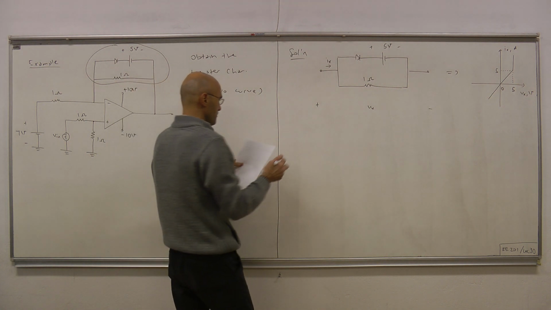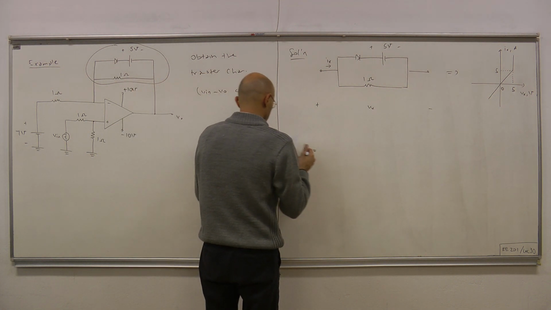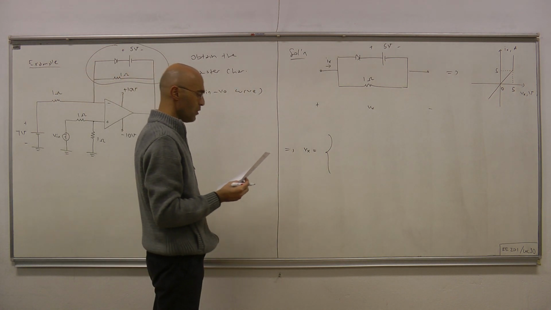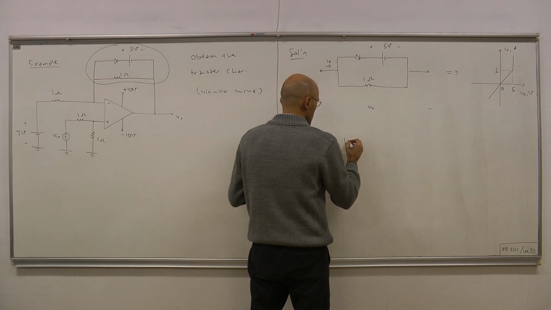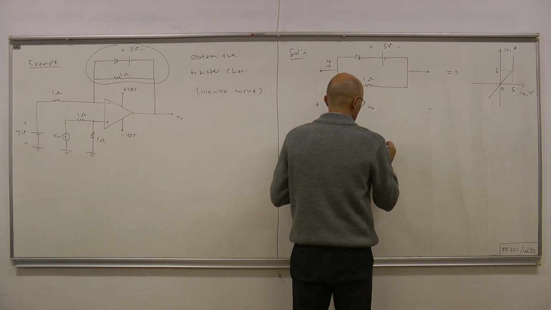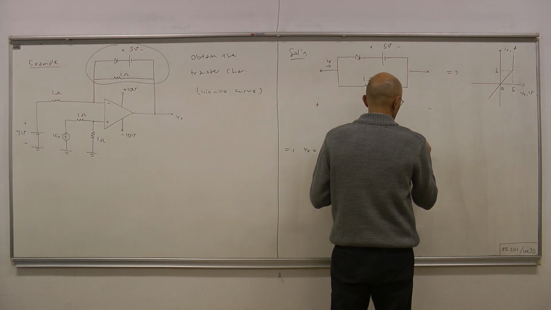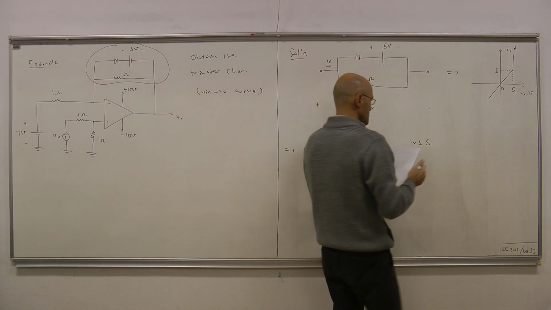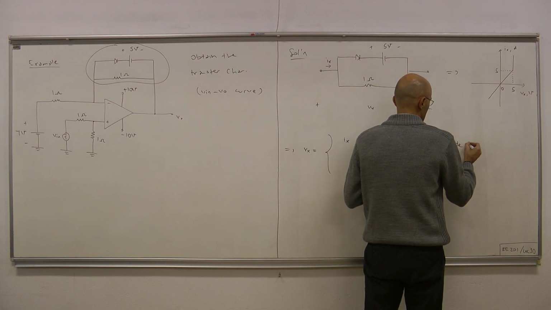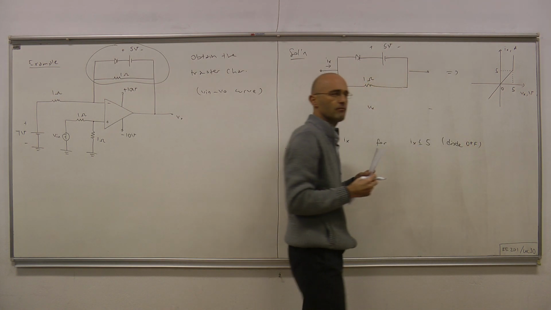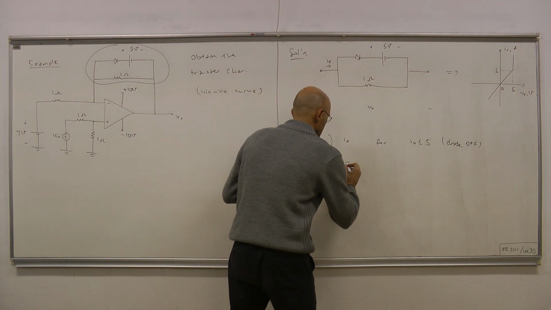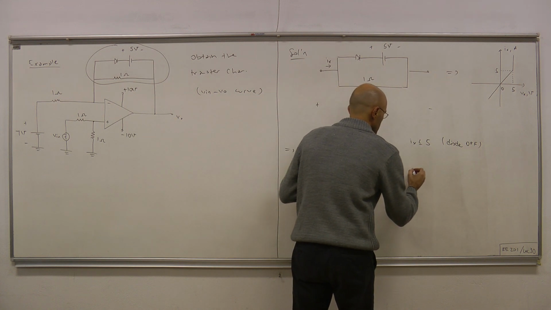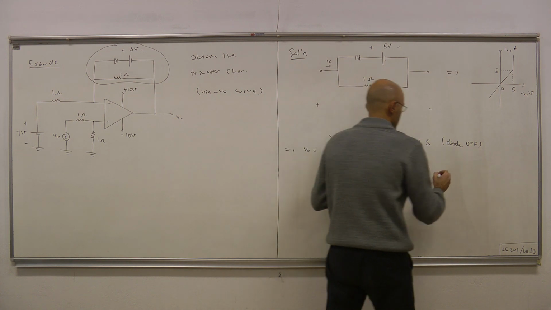Vx therefore can be expressed easily in terms of the current passing through our feedback one port. It equals Ix for currents less than 5 amps, and this is when the diode is off, and Vx is fixed at 5 volts for large enough currents, when Ix is larger than 5 amps.